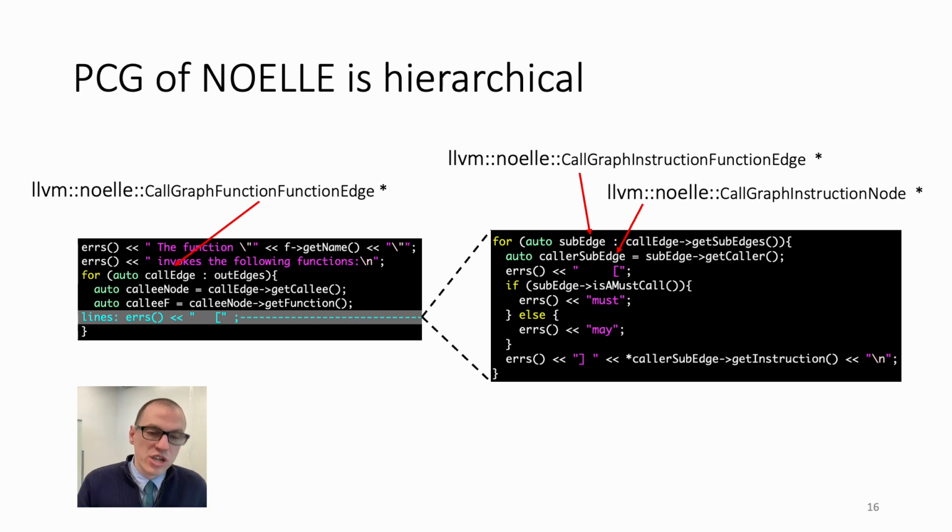And the abstraction that wraps the instruction of the caller that has invoked or could invoke the callee is of type CallGraph instruction node. This is different than CallGraph function node, which is the source of the edge, not of the sub-edge. And then from the sub-edge, you can even query to get the instruction.